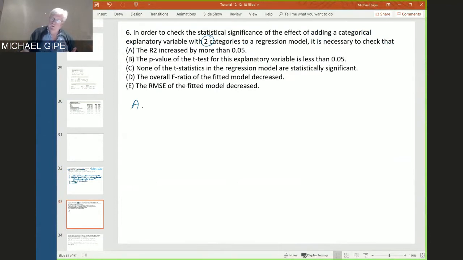And we're trying to test for the statistical significance of a new categorical variable. Well, we know that R-squared is going to increase when you add a new variable, even if that variable is not significant.